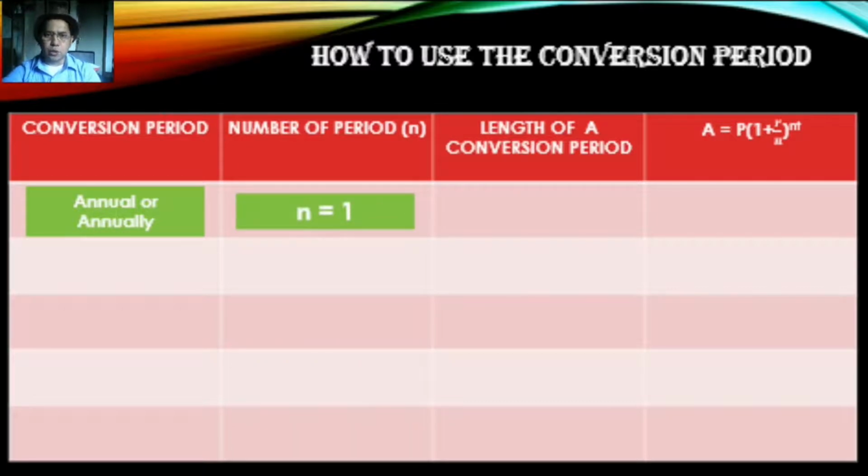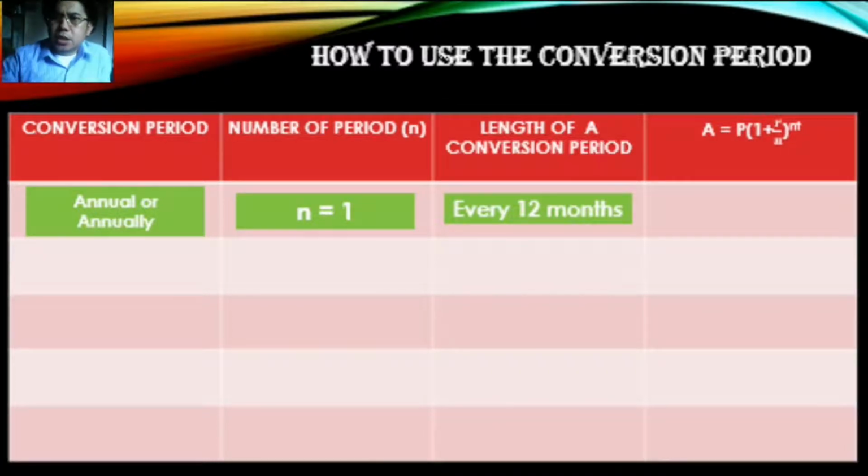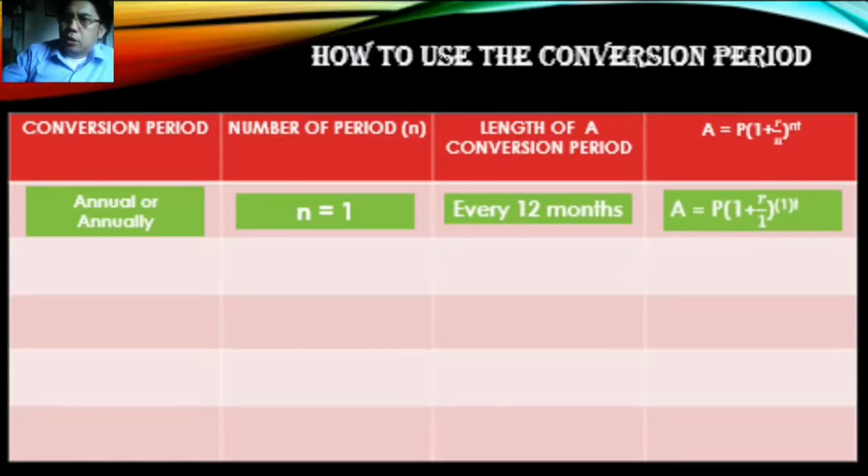Again, we have said that is 1. The length of one conversion period is 12 months. And of course, how do we use that in our working equation? Your n in here, which is your divisor, is 1. Your factor in your exponent is 1.